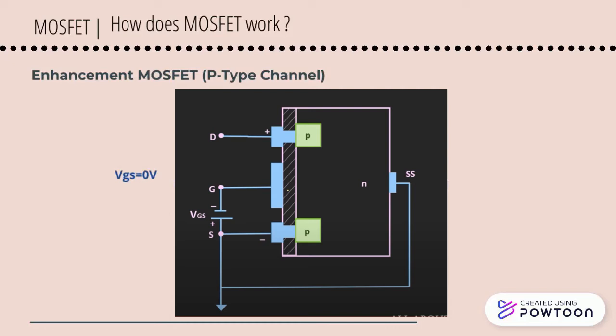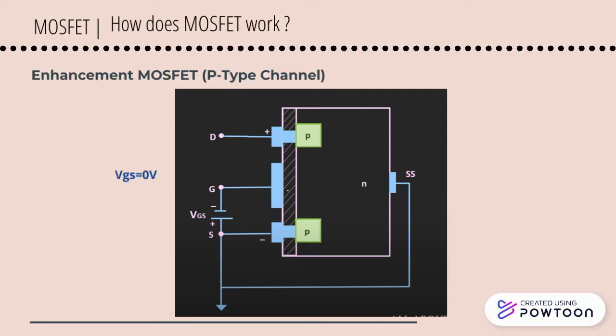In this figure, we can see that N-type material is used as a substrate and P-type material is used as the channel. The P-type channel is connected to the drain and the source terminal through the metallic contact. In this P-channel MOSFET, the polarity is reversed. The channel will be formed whenever the applied voltage VGS is negative.